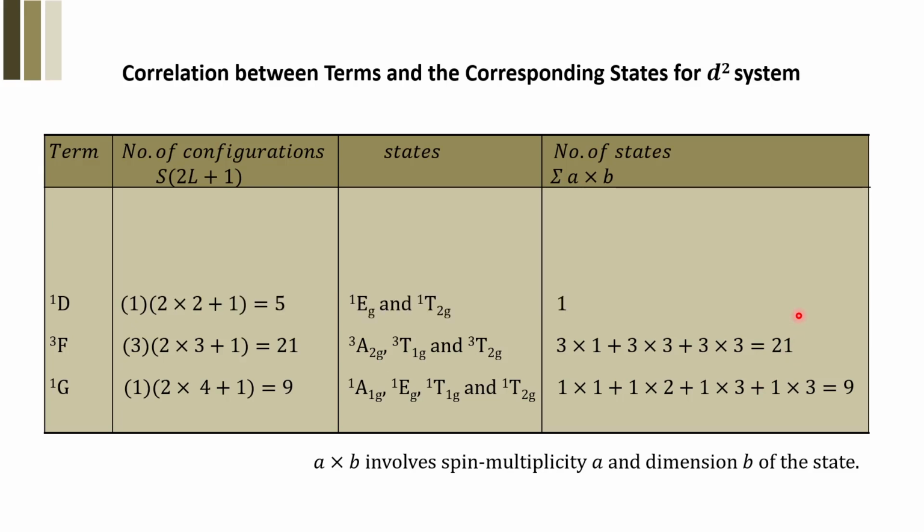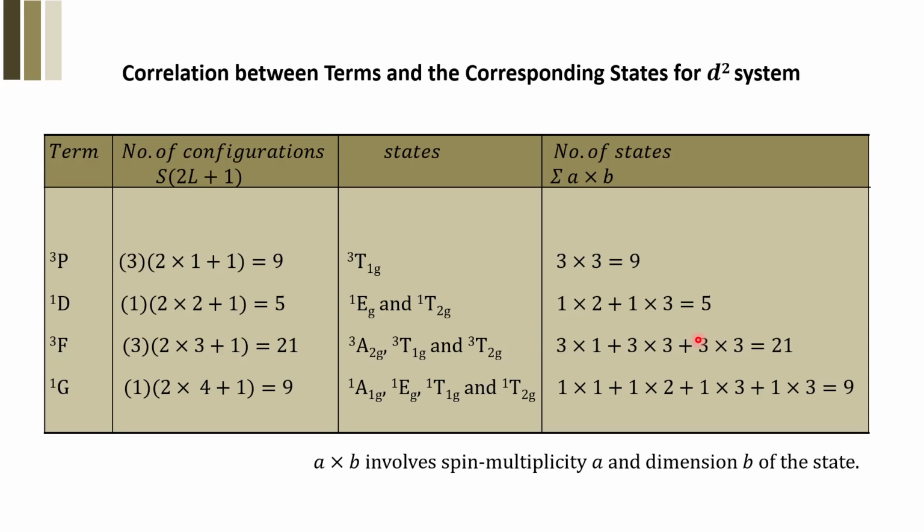For 1D, the number of configurations is 5, and we have seen that the d orbital splits into Eg and T2g sets, and because the multiplicity for D is 1 here, the terms would also have multiplicity 1, and so 2 plus 3 gives 5 states this way. Similarly, in case of the P term, there are 9 configurations.